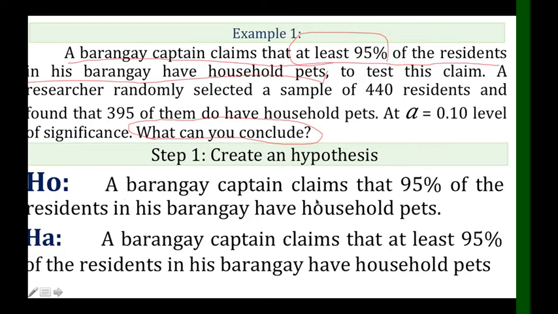The barangay captain claims that 95% of the residents in his barangay have household pets. Meaning to say, you will just delete the words at least or make it an equal. So we have now the H0 and the HA.